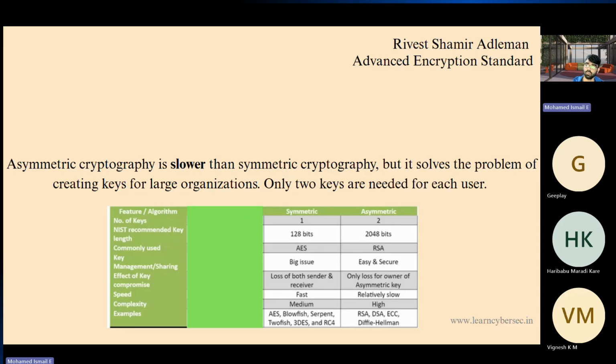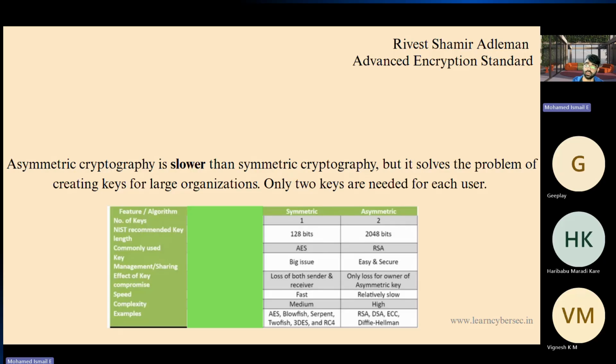But it solves the problem of creating keys for a large organization because of the key formula n into n minus 1 by 2. Large organizations need more keys when you use a symmetric algorithm. Only two keys are needed per user when you use an asymmetric algorithm, right?